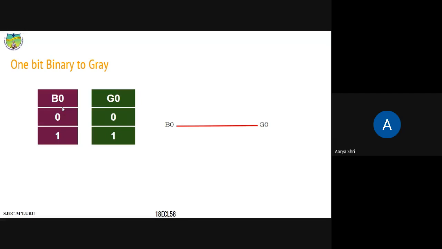Similarly, if the input is 1, then the output will be 1. So when writing it in Boolean form, I can write G0 is equal to B0 itself. And this G0 equal to B0 can be represented in the form of a wire, which is shown in the figure.